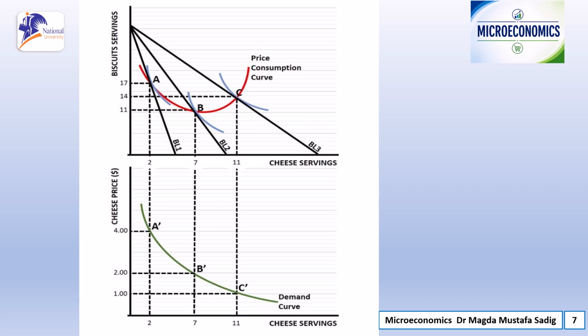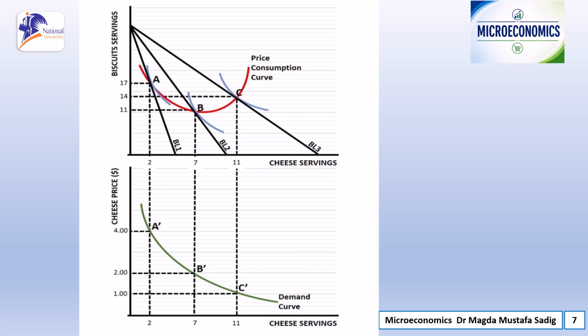And we have another tangency between the indifference curve and the budget line at point P. Then we have budget line 3, rotating from budget line 2 because of the lower prices of cheese. And we have a new tangency point at point C. Then we connect the 3 tangency points, and we get the price consumption curve.